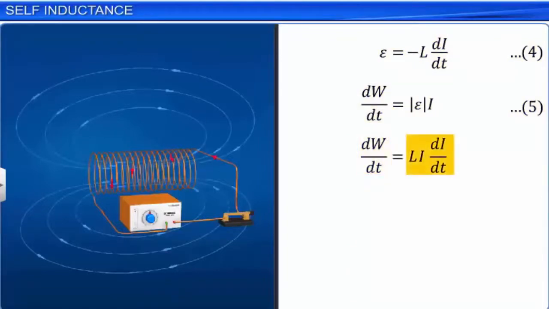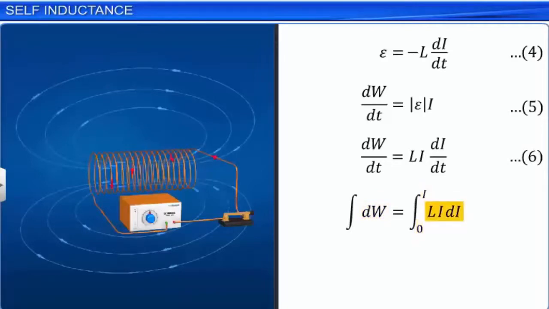Let this be equation 6. The total amount of work done can be established by integrating equation 6 on both sides. Thus, we get integral dW equals integral from 0 to I of L I dI. Thus, the work done or energy consumed in establishing a current in the circuit is W equals half L I squared.